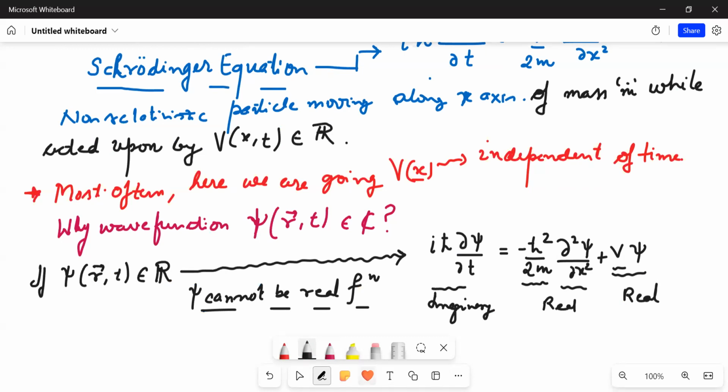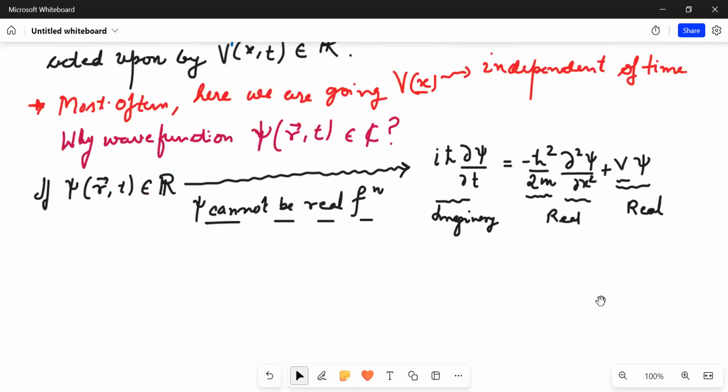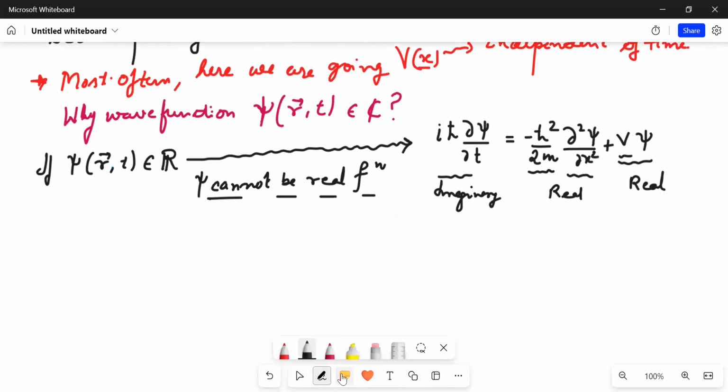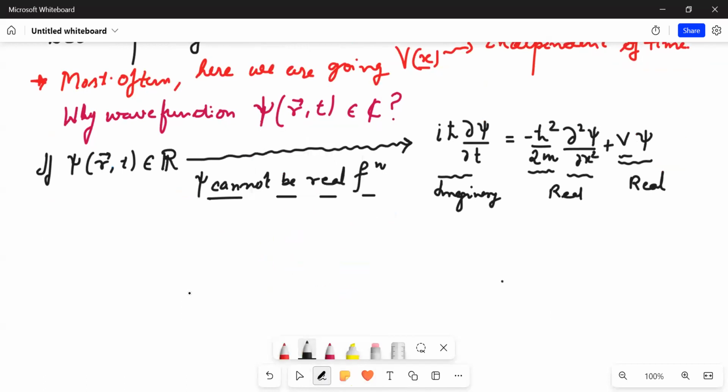Two very important things that you can figure out from this equation. One is that this is a first order differential equation in time. So you can say that the Schrodinger equation is first order in time.